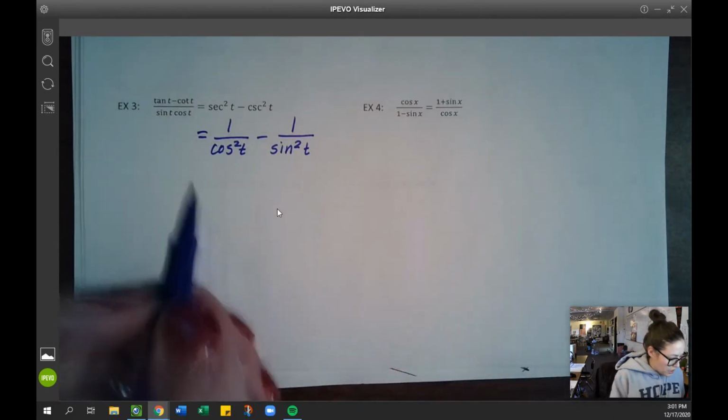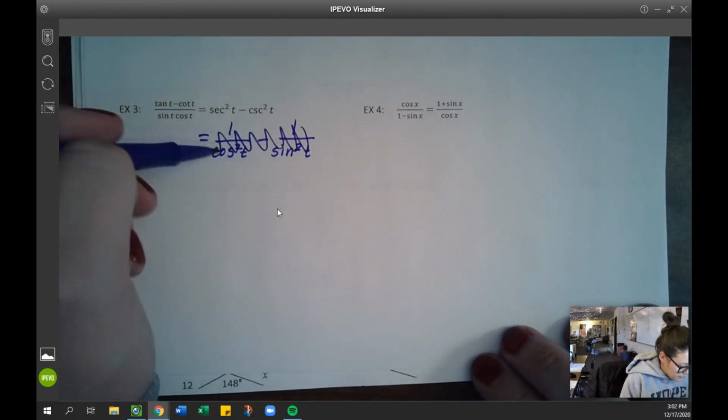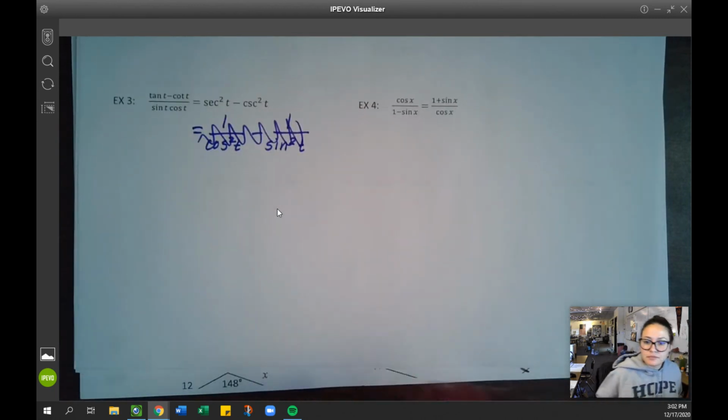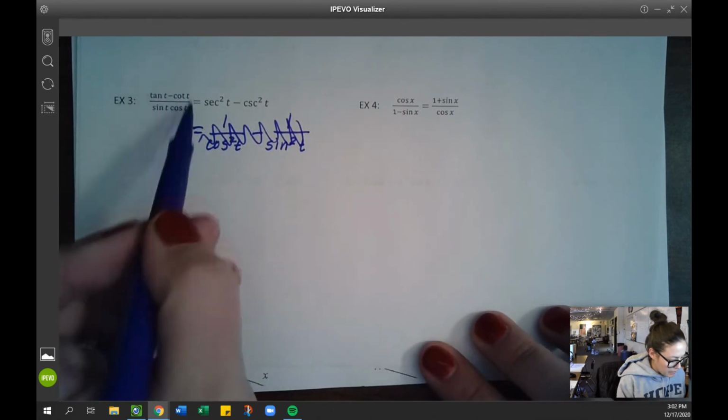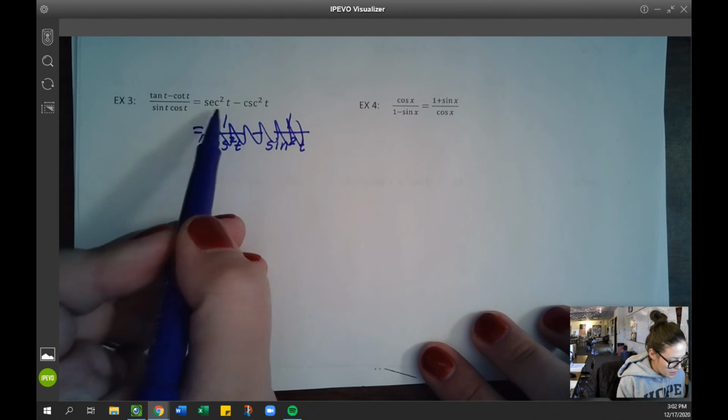All right, scratch that. We are going to go the opposite way. I'm sorry. Starting over. Okay. We're going to go from the left side to the right side. I want to make my left side match the right side.